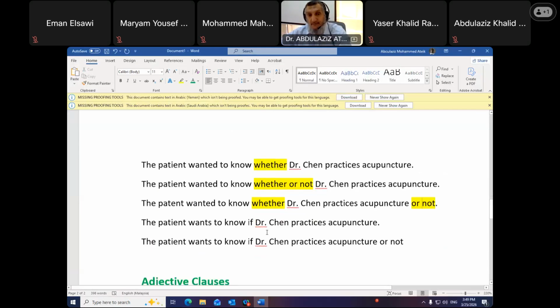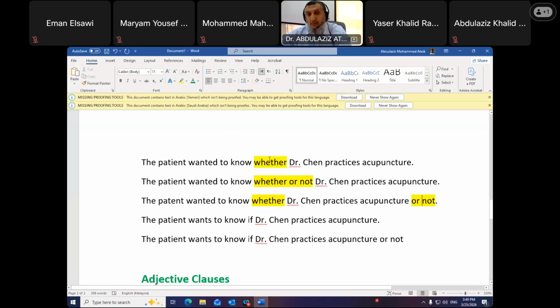Look at if. If is similar to this one. Let me use different colors. Look at if here. It's like the first one. This one separate.